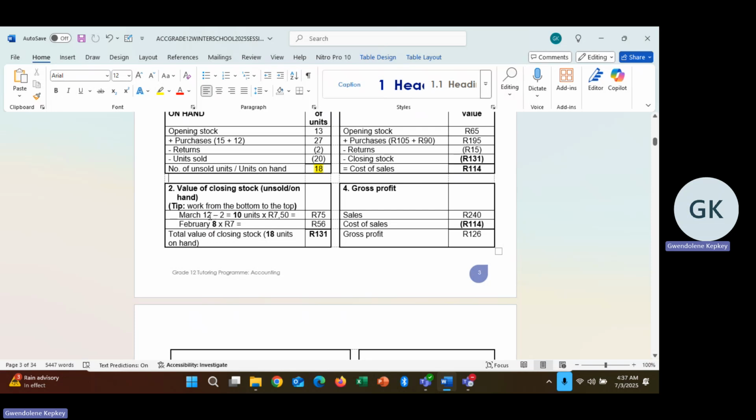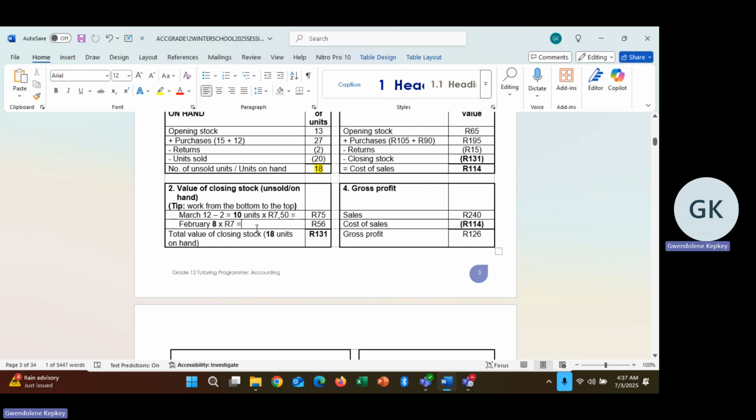For March, do you clearly recall we only have 10 left because we have returned 2. But that shouldn't really be your starting point. Your starting point should be, you must write down and indicate in total we have 18 items left. So we work towards the 18 items.